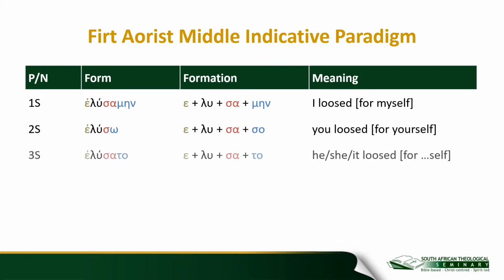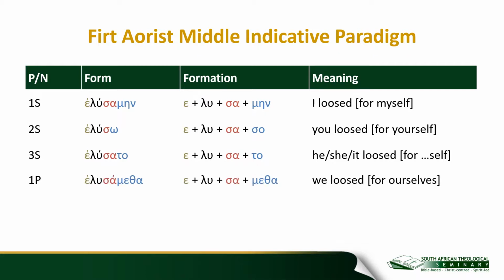The three singular, elisato, from the augment epsilon plus the tense stem li plus the aorist tense formative sa plus the personal ending to. Elisato, he, she, or it loosed for him, her, or itself. The one plural, elisametha: augment epsilon, tense stem li, tense formative sa, personal ending metha.